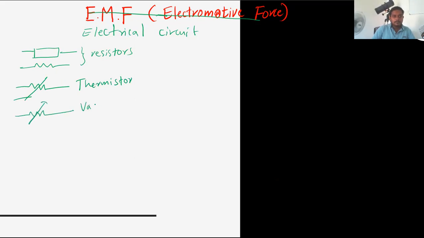Variable resistor. Now I'm going this way. This is an LDR, light dependent resistor.